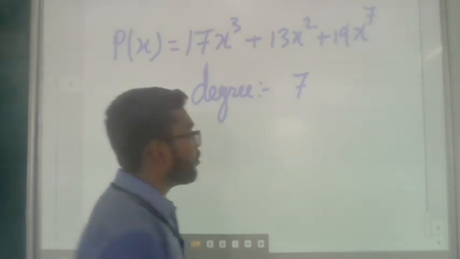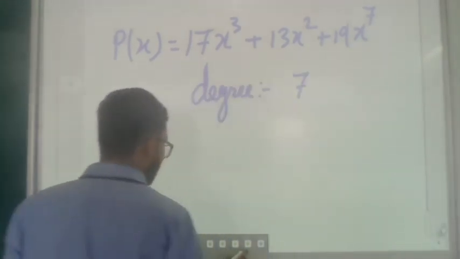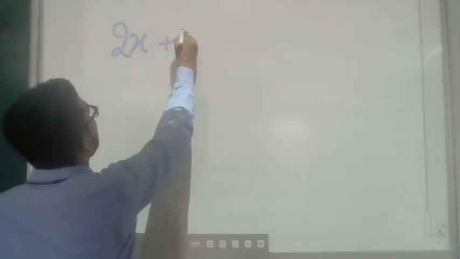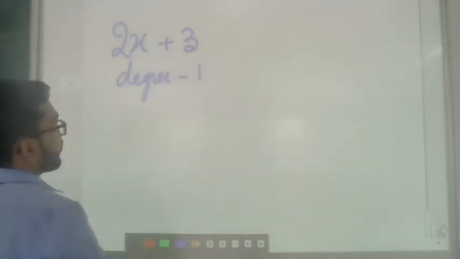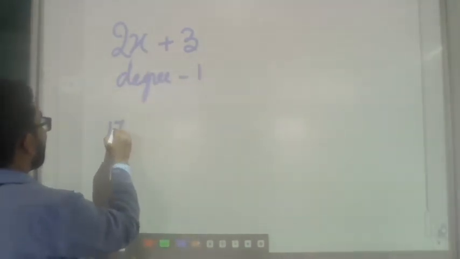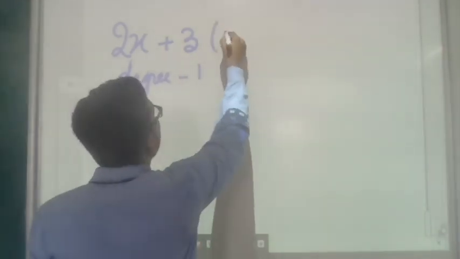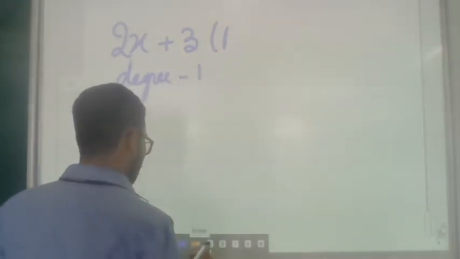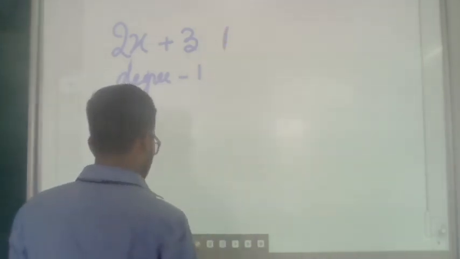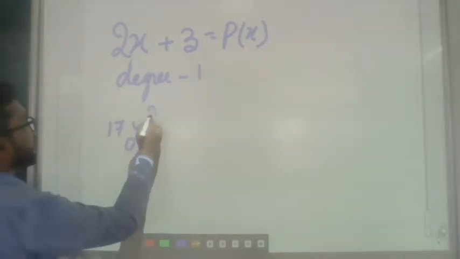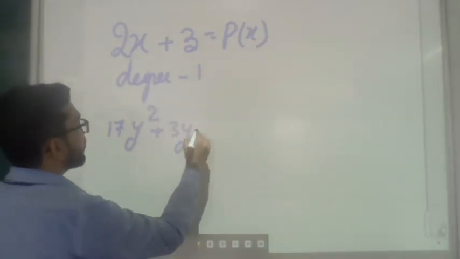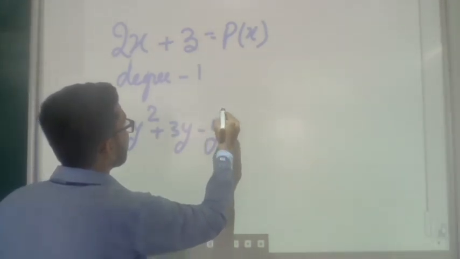Another example: 2x plus 3. The degree of this polynomial is 1. Similarly, write 17y squared plus 3y minus y, suppose.